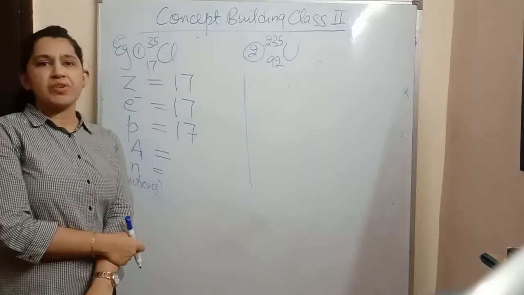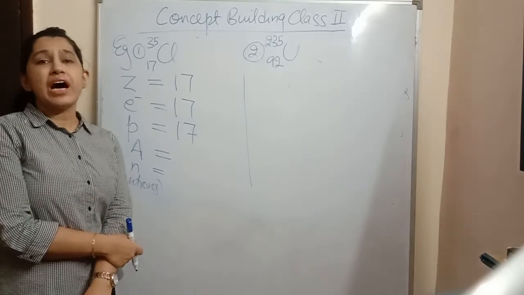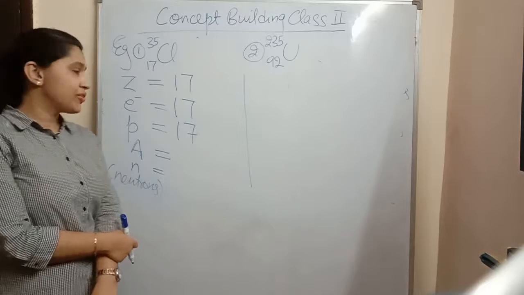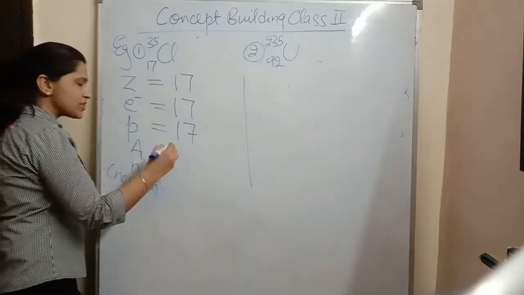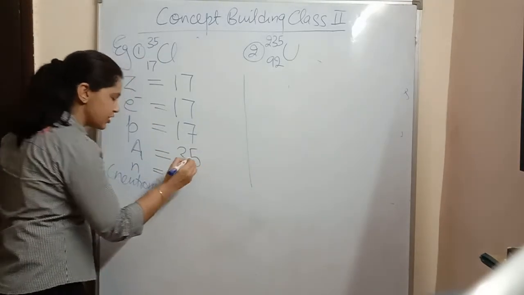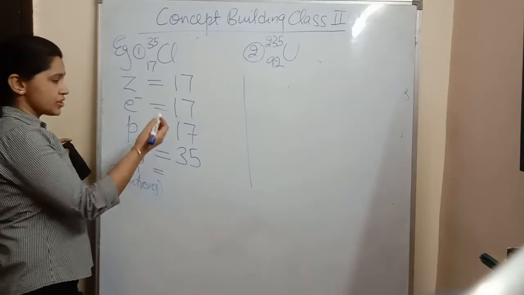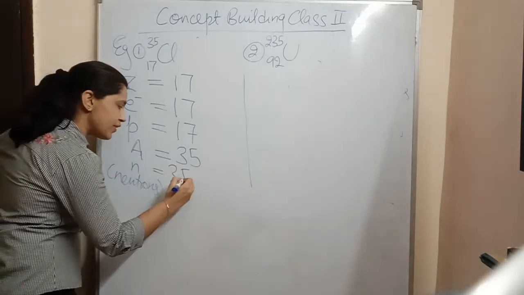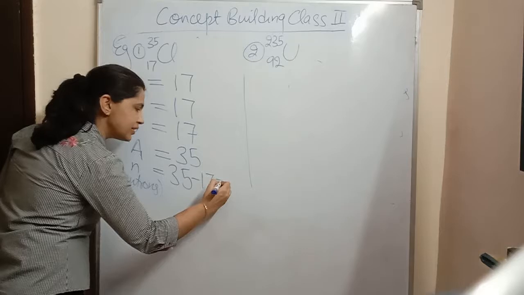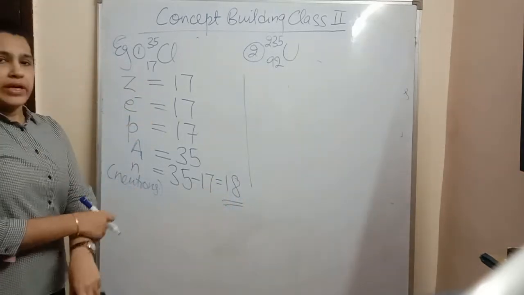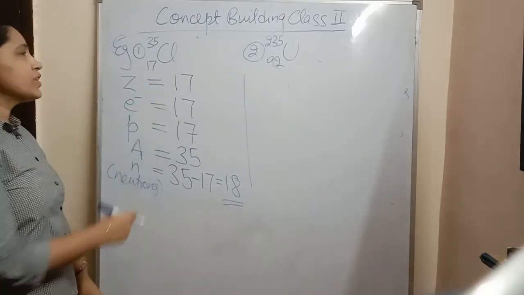Nucleus का composition बताता है mass number, and our nucleus is made up of what? Neutrons and protons, right? So A, how much is the mass number? It is 35. And if I am asking you now, what are neutrons? That is 35 minus 17, that is equal to 18. Correct?